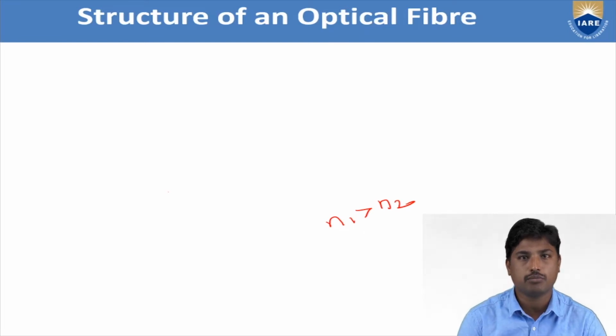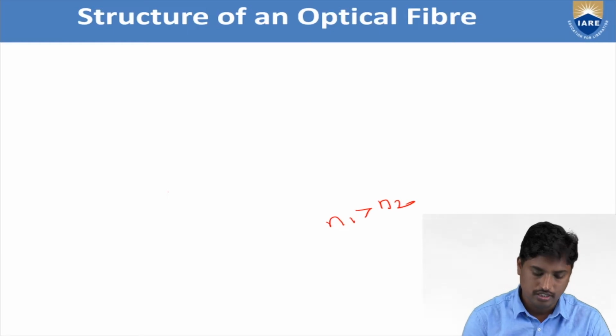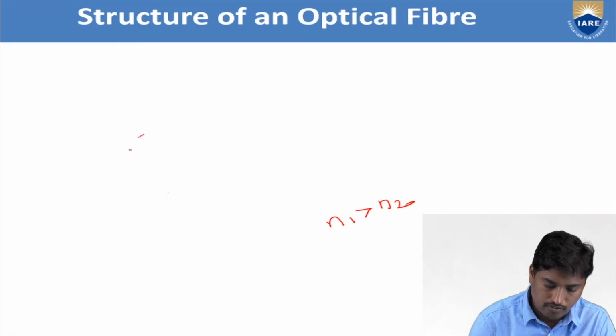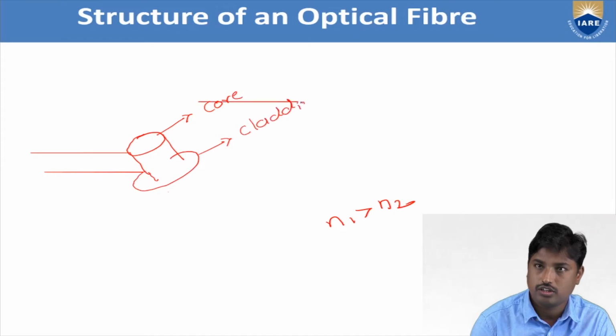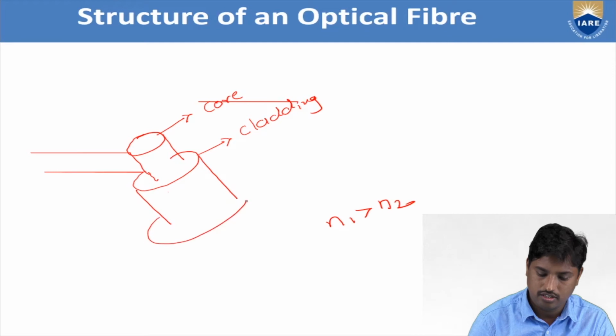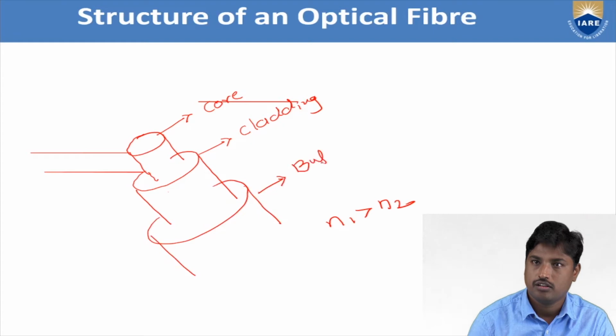We know the principle of the optical fiber cable is total internal reflection. So I am drawing the construction of the optical fiber again. This is the core. The core is surrounded by the cladding, and the cladding is surrounded by the protective sheet or buffer sheet, sometimes called the outer jacket.